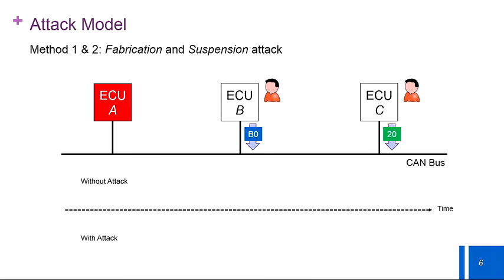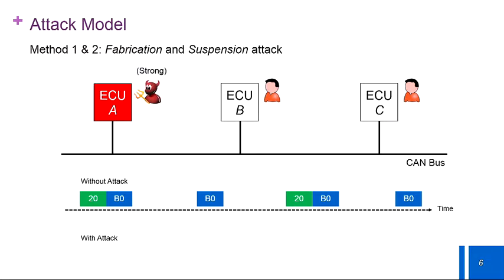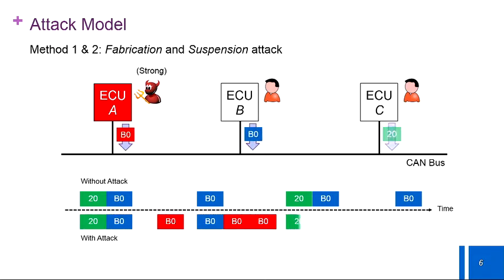I'll first talk about the first two attacks that can be made on in-vehicle networks. Normally, ECUs broadcast messages periodically. However, if an attacker takes control of an ECU and broadcasts messages on the bus, and that message has an ID equivalent to the one that another legitimate node is sending, and the send frequency is really high, it would override other messages and be able to control the vehicle maneuver.